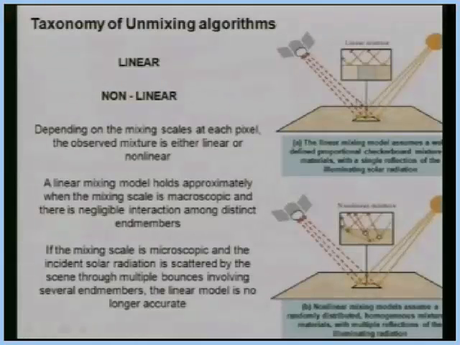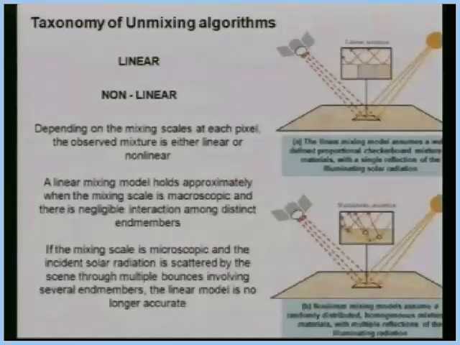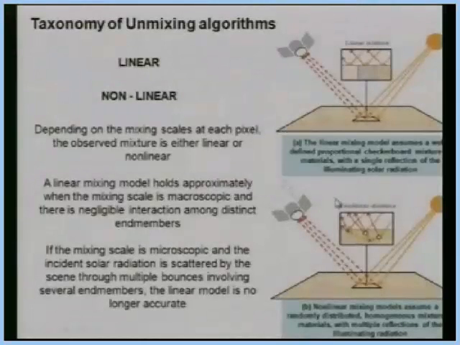So we will be talking only about linear unmixing. When we say linear unmixing, what we are saying is the mixture holds approximately when the mixing scale is macroscopic and there is negligible interaction among the distinct endmembers.